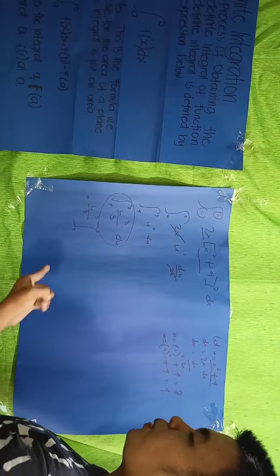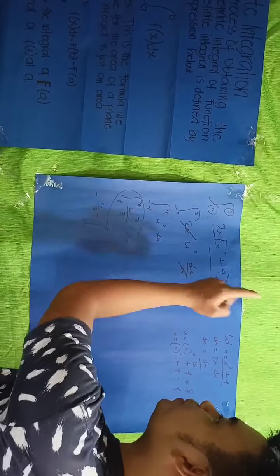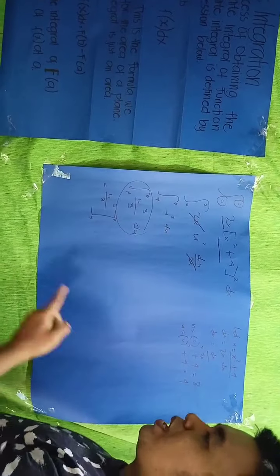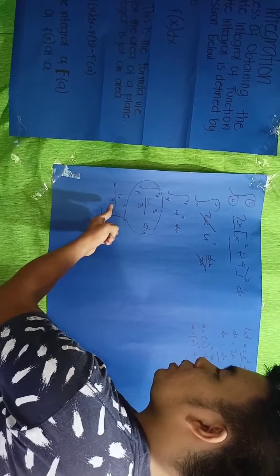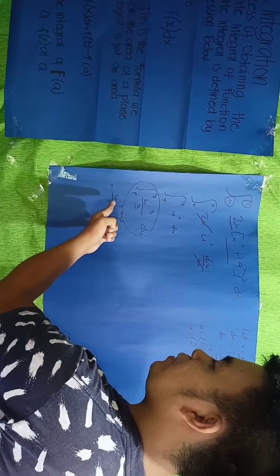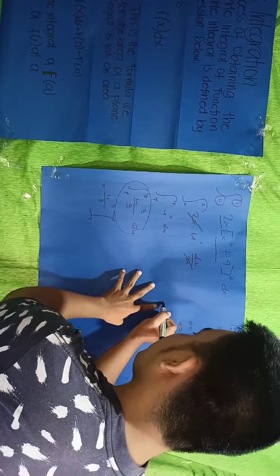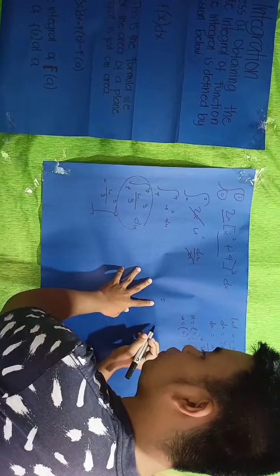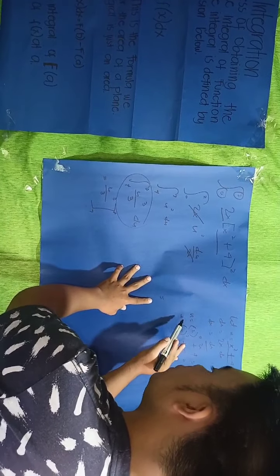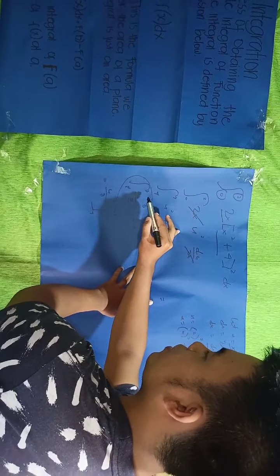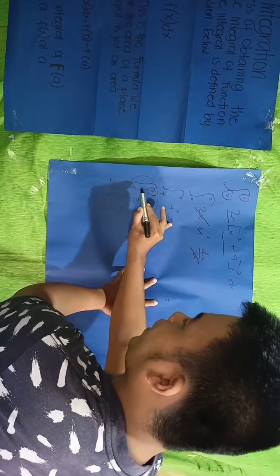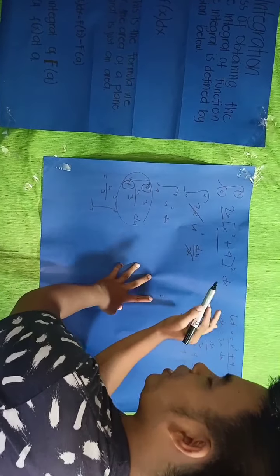So we will solve it now. We will not substitute x squared plus 4; instead, we will use the values of the limits in the expression. We use u with the upper limit, because this is f of b and this is f of a.